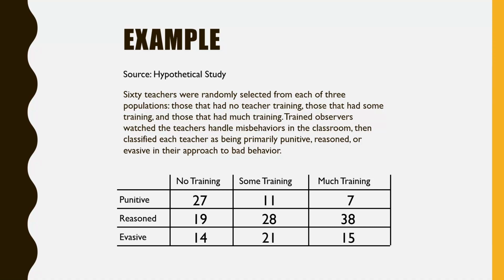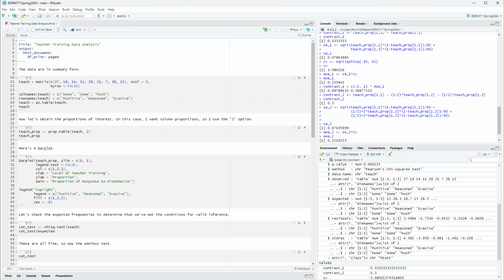So since they're in summary form, I can go ahead and put them all into a matrix. This time I have three columns. So I'm entering the data, and I'm entering it in three columns. And note that I also use a byrow equals FALSE argument here, which indicates I'm going to be entering by column.